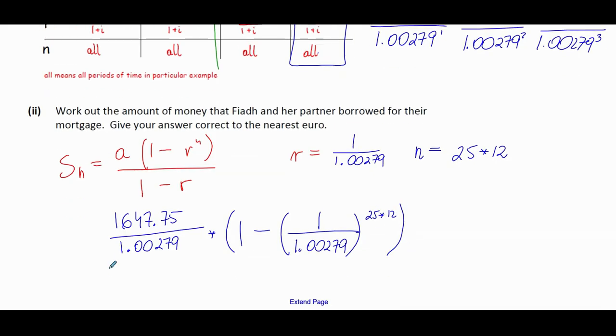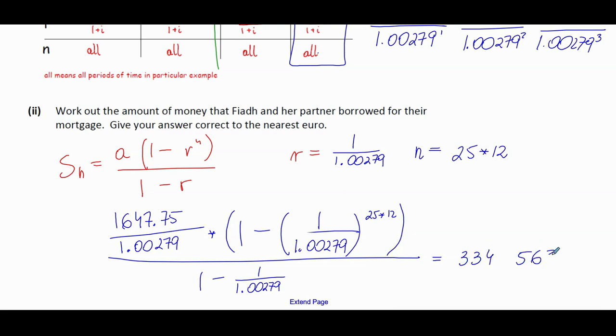Then everything divided by 1 minus r, again 1 over 1.00279. We put all of that in the calculator, press equal, and we get our number, 334563. So that's the application of the Sn formula.